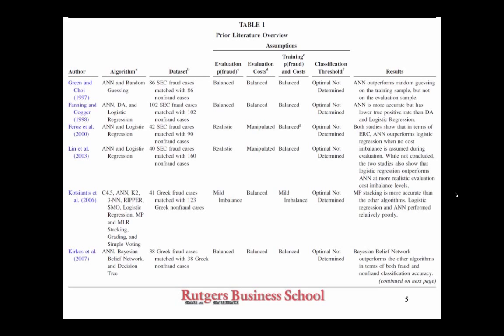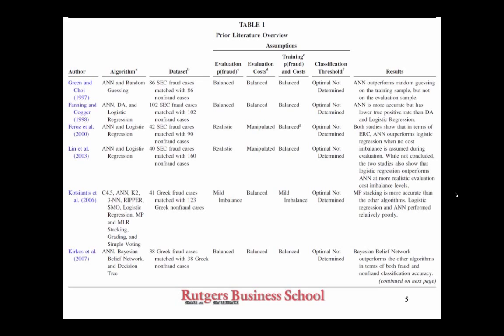Therefore, when he calculates the misclassification costs for his prediction algorithms, he will use three different ratios. He will use 0.6, half of it, which is 0.3, and double it, which is 1.2.